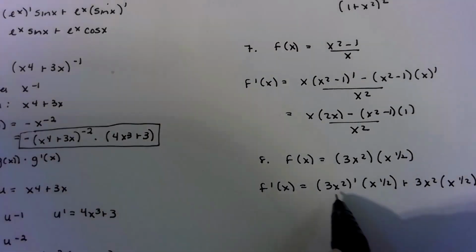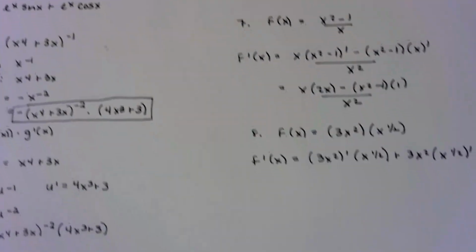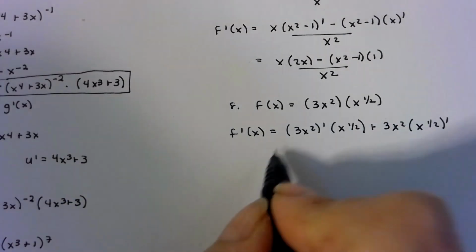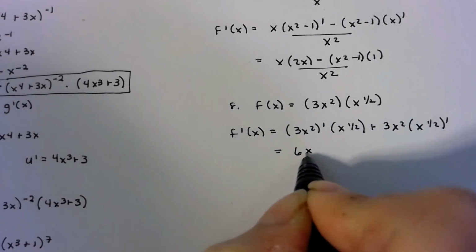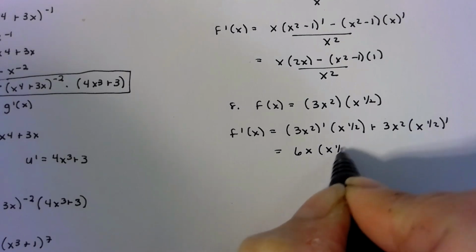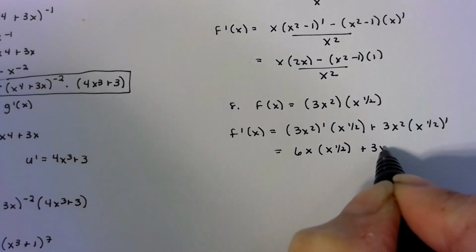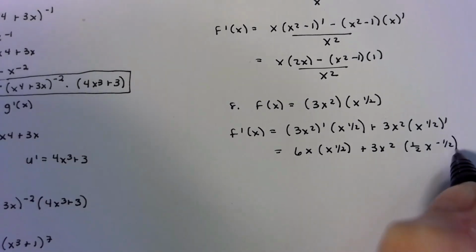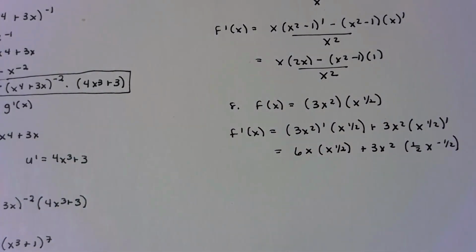Looking at this side of the plus sign, oops, let me fix that. This is just power rule. So this is 6x times x to the 1/2 plus 3x squared times 1/2 x to the negative 1/2. Done. Don't do another thing to it.